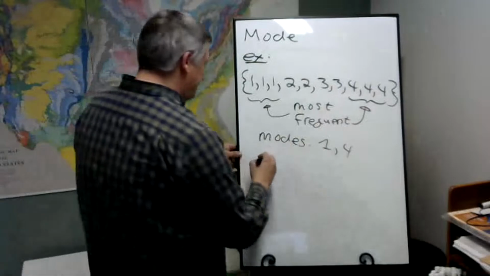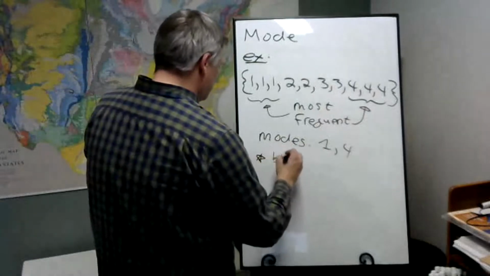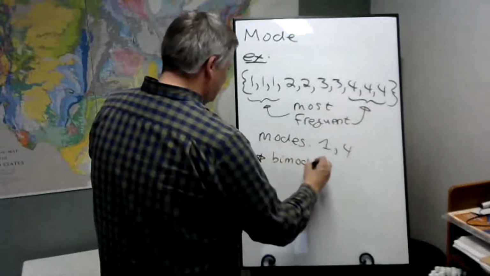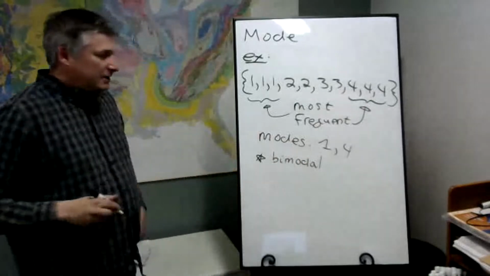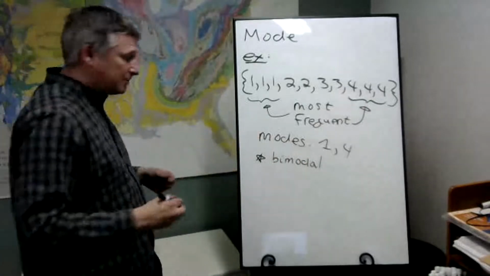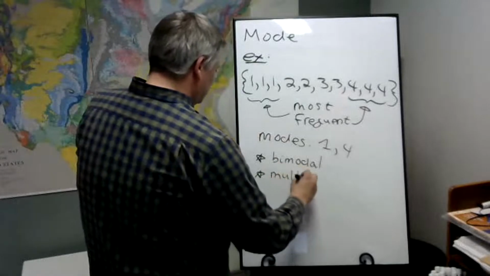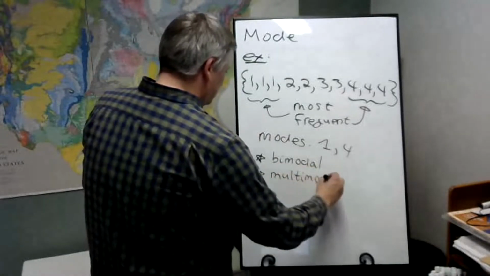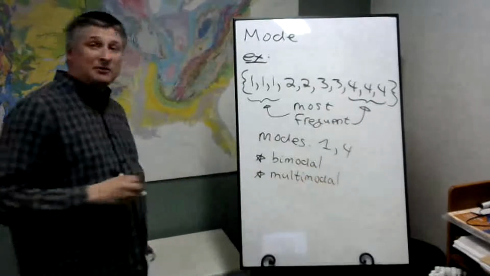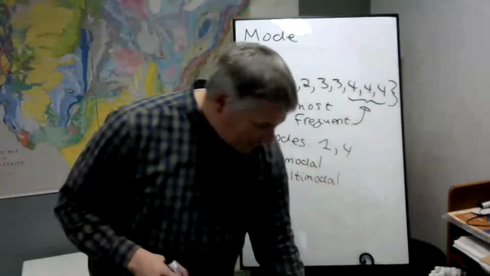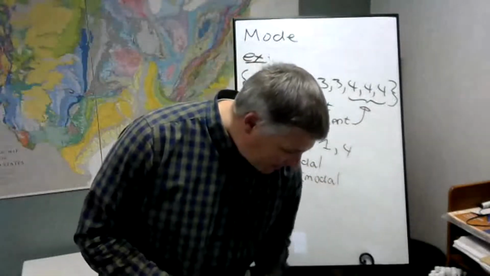So we call this bimodal. And we could have more than 2 modes. That is possible. And we call that multimodal. That's another possibility.